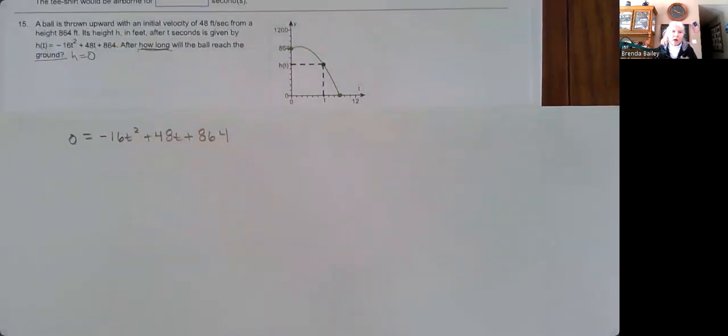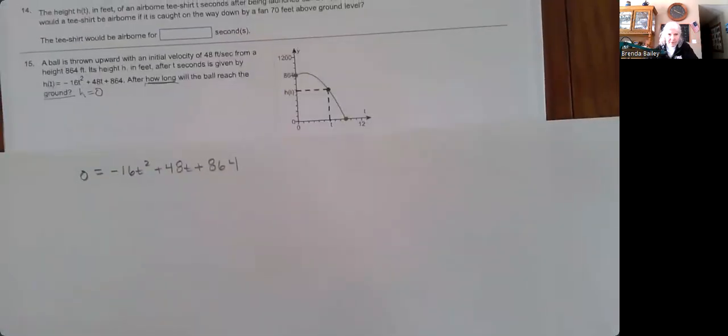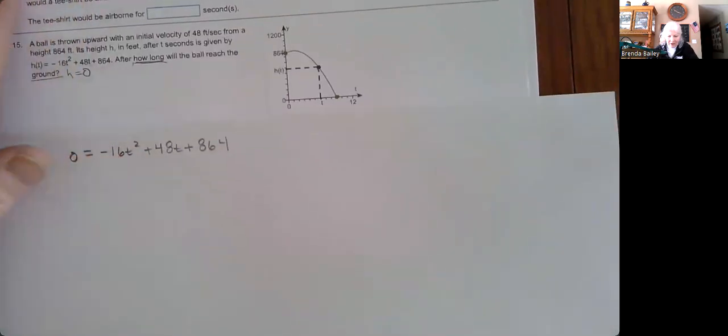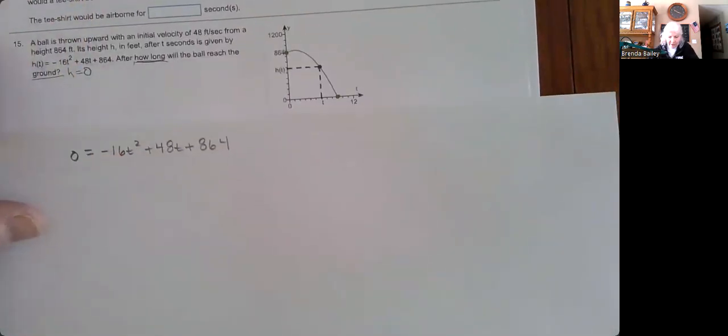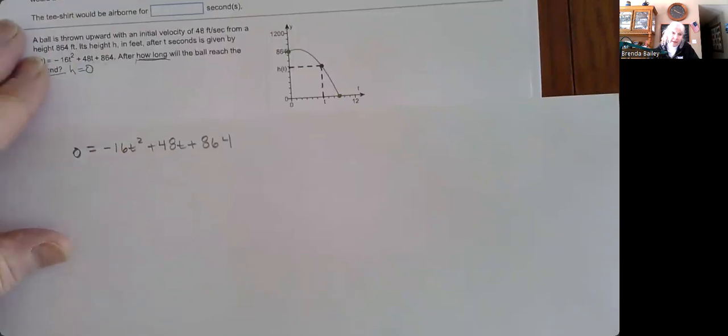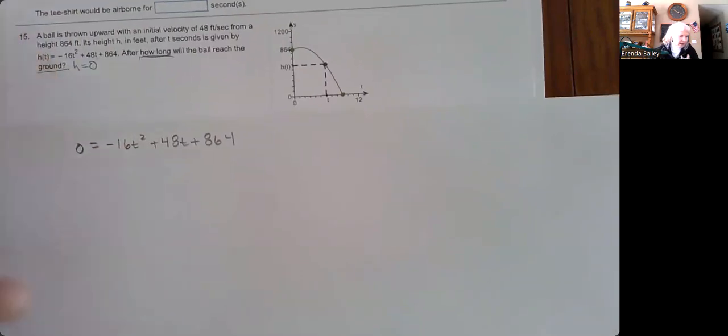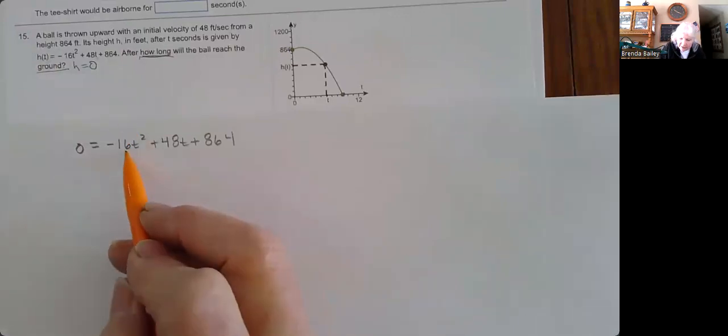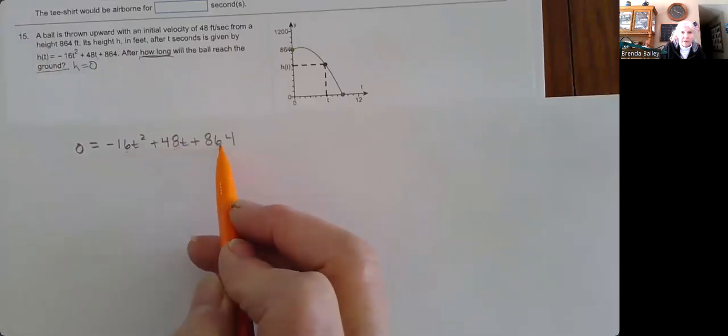And again, looking at this, you could move everything over to the other side, or when we take out the greatest common factor, I'm going to take out a negative, whatever it comes out to be. Here, negative 16 goes into all of those.